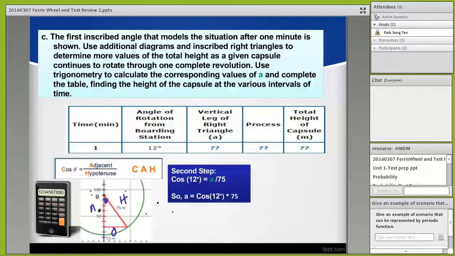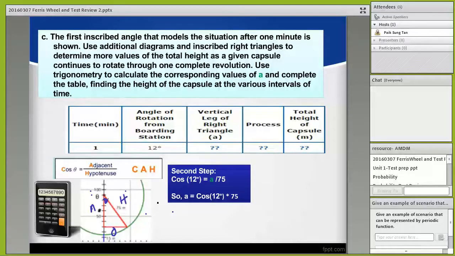So, using cross multiplication, A is equal to 75 times cos 12 degrees. You use your calculator, a scientific calculator should have a cos.